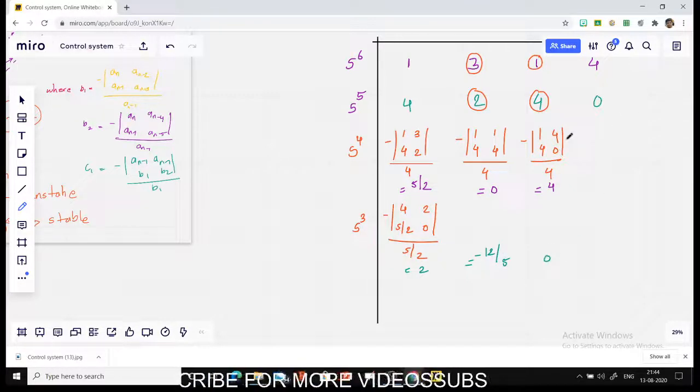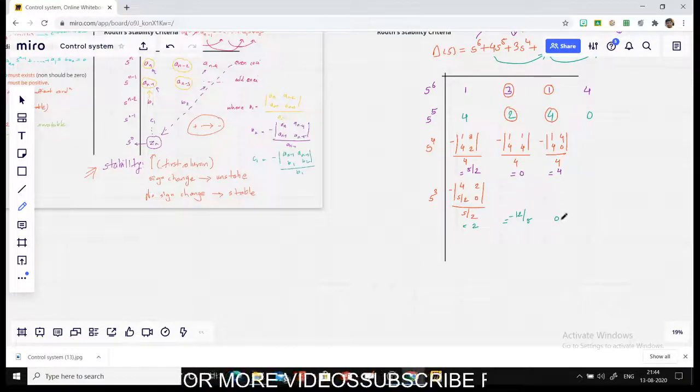The array should keep on decreasing, so avoid writing this 0. Then you go with s raised to 2. For s raised to 2 you will get 3 and 4. For s raised to 1, you get minus 76 divided by 15, and then there is a 0.